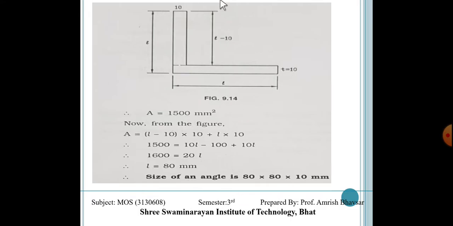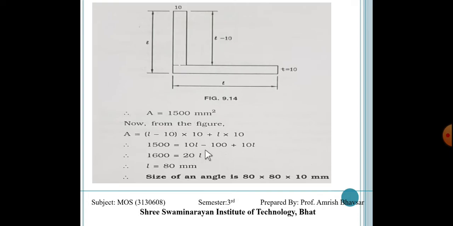Now the area of this section: the first part is (L minus 10) into 10, and the second part is L into this much thickness. This is part 2. Now we have the area, that is 1500, and we can solve this.